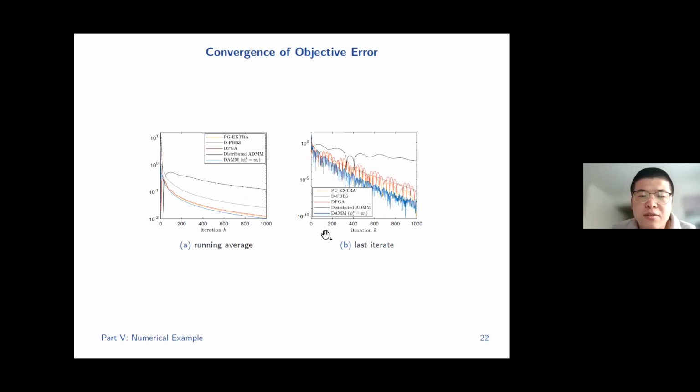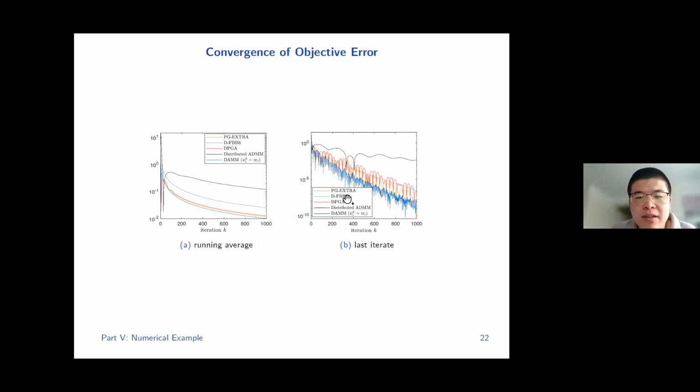In these two figures, we plot the convergence of the running average bar xik and the convergence of the master iterate xik. The x-axis is the number of iterations, and the y-axis represents the accuracy.